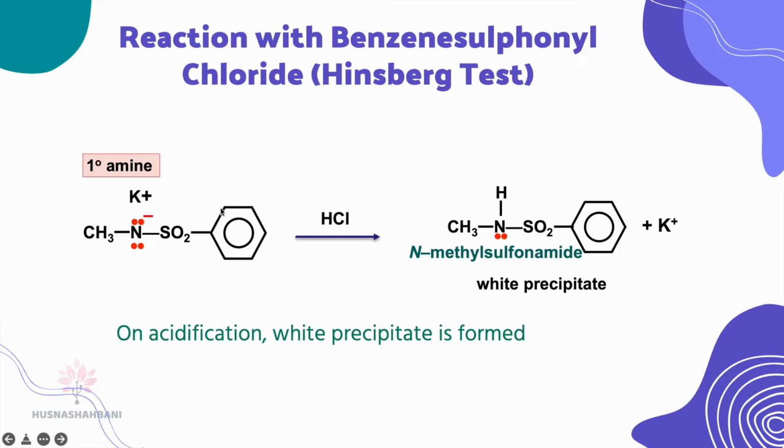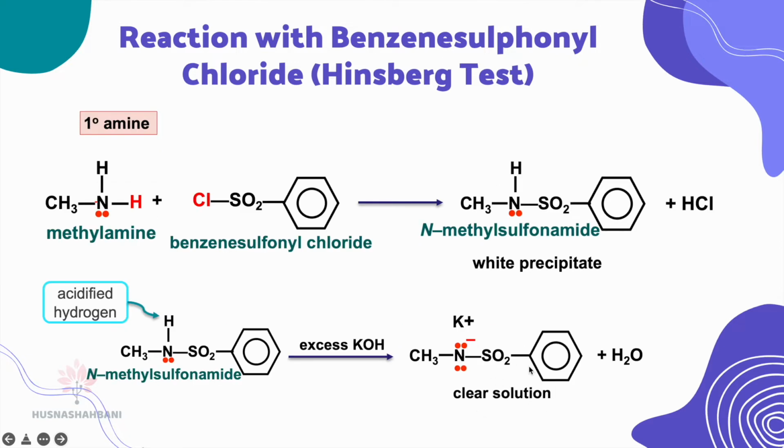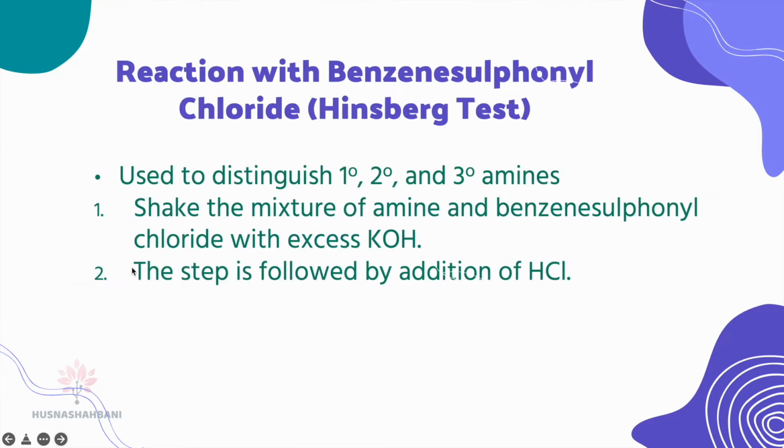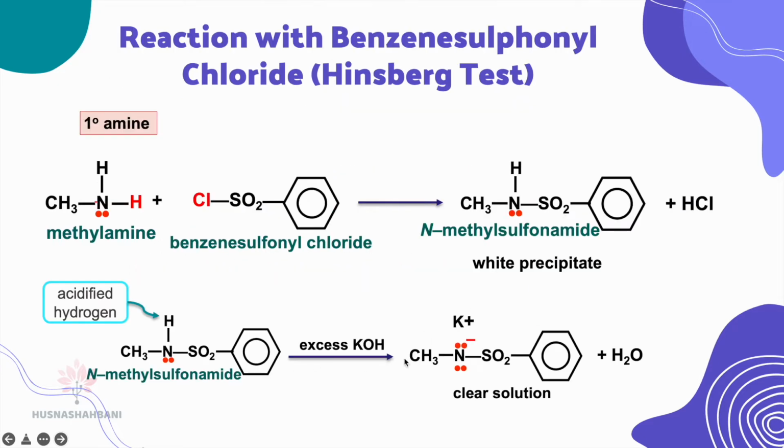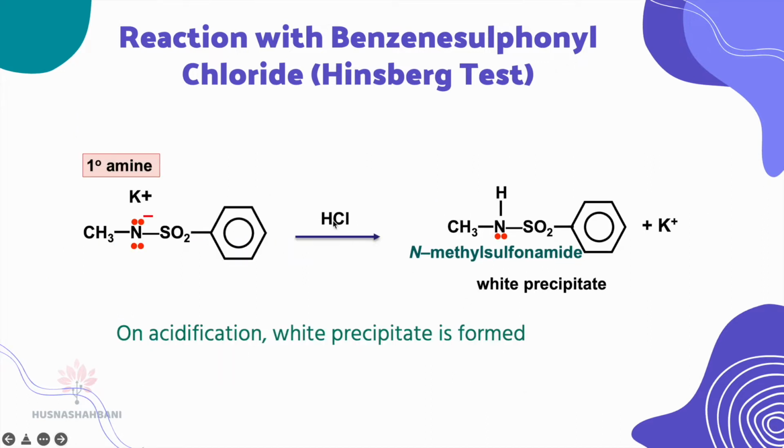And then, this clear solution product will undergo the second step, addition of HCl. Initially, mix these two together, react with KOH, and then addition of HCl. After we react the KOH, this clear solution product, add the HCl.